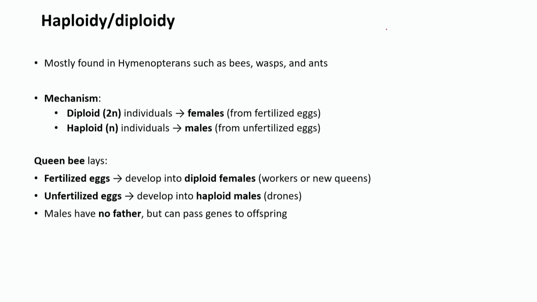And what is haploidy and diploidy? The great example is our honeybee. You can see it in wasps, you can also see it in ants. What we see is that in these organisms, you see functional diploid organisms and functional haploid organisms.